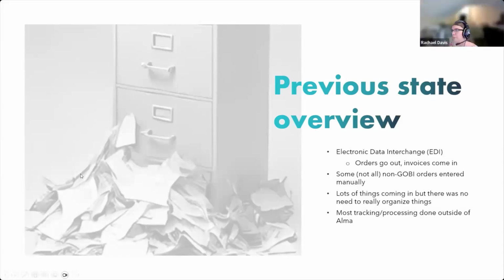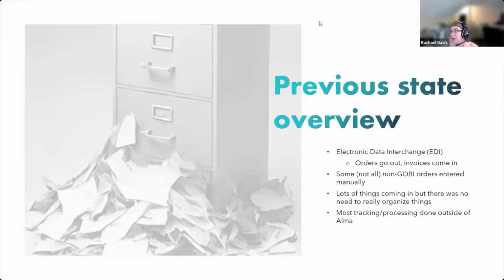Yeah. So as Karen was letting you know, I am going to be taking you through the previous state of the acquisitions process at OHSU. So we had an electronic data interchange, or EDI, that had been set up to send purchase orders to Gobi. It was also set up to receive invoices back from both Gobi and Harrassowitz, but we didn't have any workflows in place to do anything with these ingested invoices.